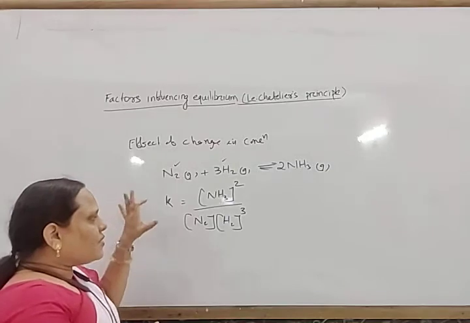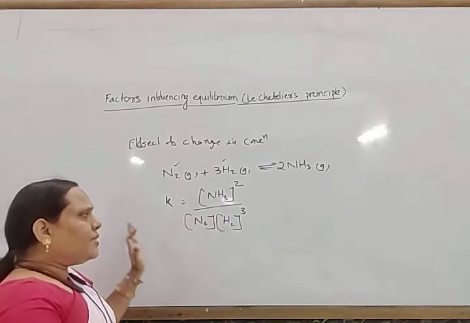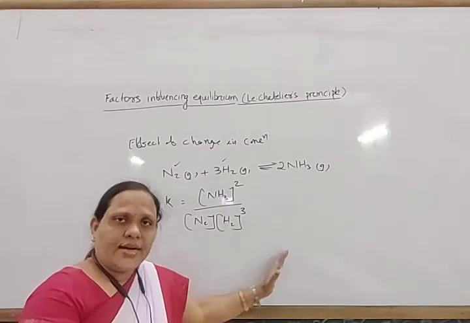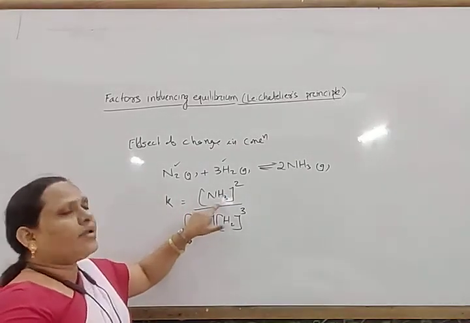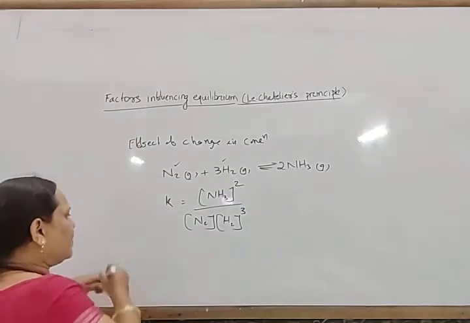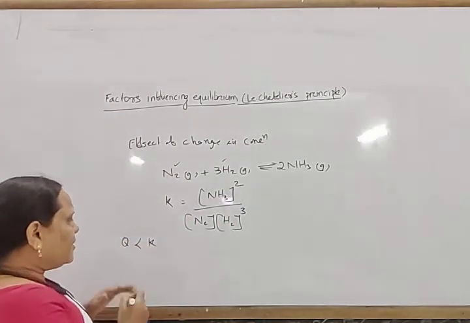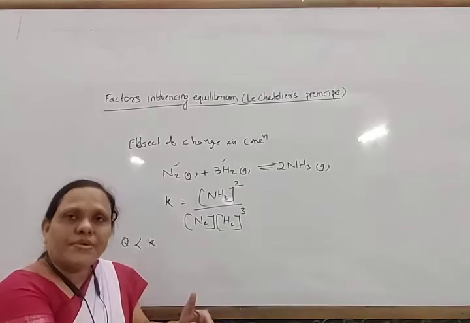the reaction quotient value will be less than K. As the reaction quotient value is less, the equilibrium will shift forward so that more ammonia will be formed. So Q is less than K, and to achieve equilibrium, more product will be formed.